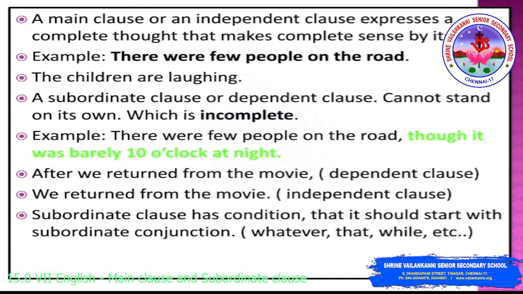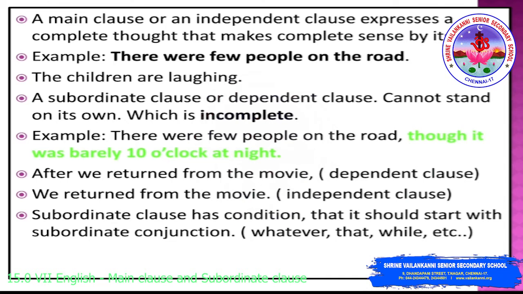So what did we see first? We saw what is main clause, which is also called an independent clause, which makes a complete sense. Like there were few people on the road, we returned from the movie, the children are laughing. Now, what is subordinate clause?